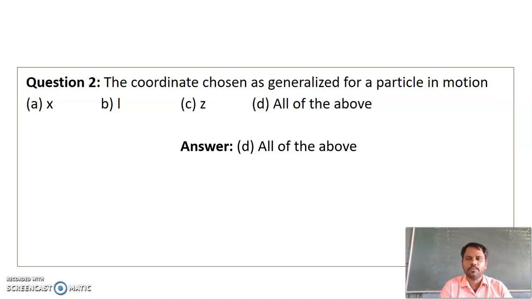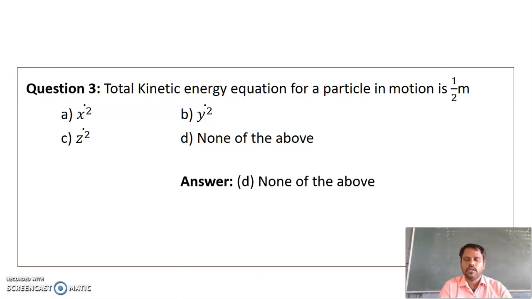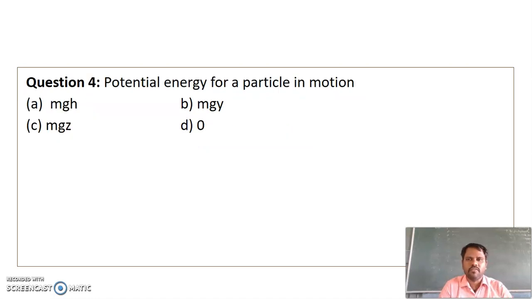Small correction, that B option should be y. Question number 3. The total kinetic energy of the particle is half m times x dot square plus y dot square plus z dot square. I don't have any expression like that, so the answer is none of the above. Question number 4.